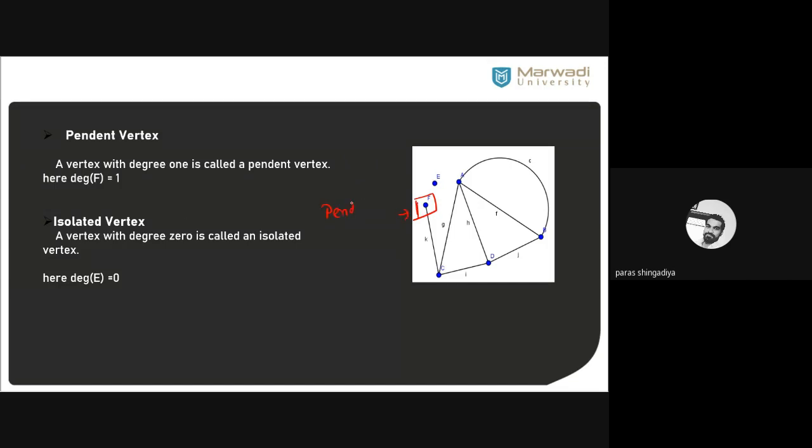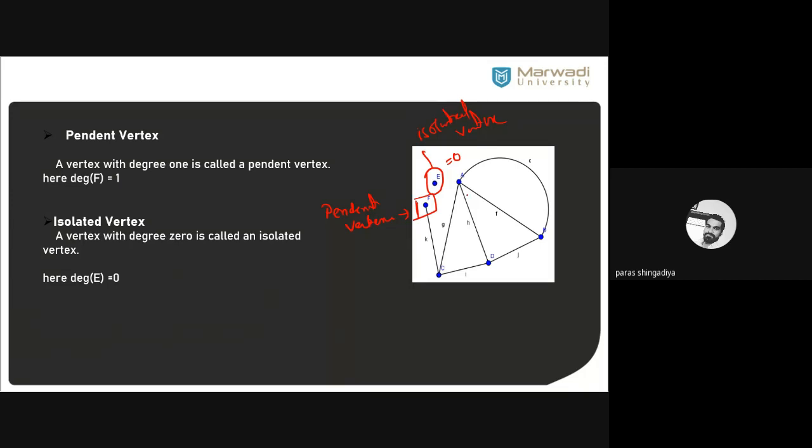And second is the isolated vertex: if a vertex has degree 0, then this vertex is called the isolated vertex. So here, the degree of e is equal to 0, so e is known as an isolated vertex. Degree of e is 0, the isolated vertex, clear?